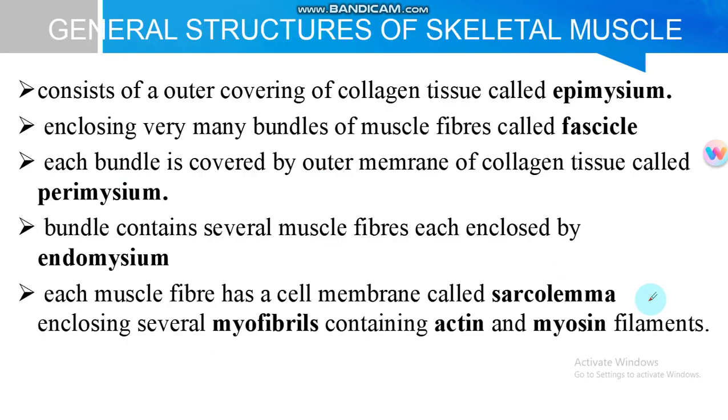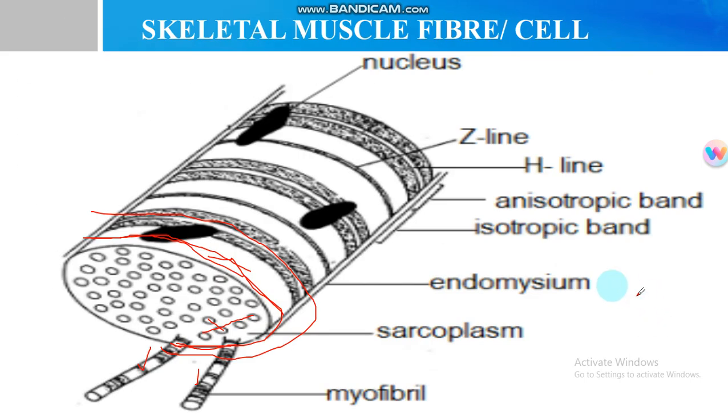So if you go back to this drawing here, from here up to here is the dark zone. The dark band, not the dark zone. So in the middle of this dark band, we see this somehow lighter middle zone. That light middle zone, this one here, is the one which we call the H zone, not the H line.